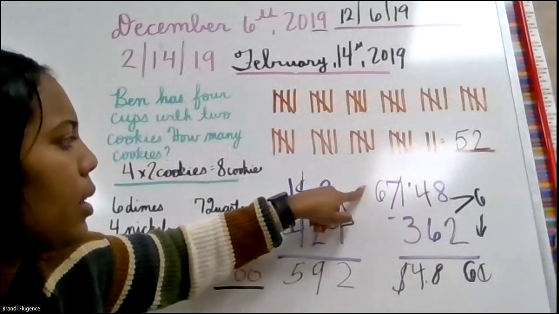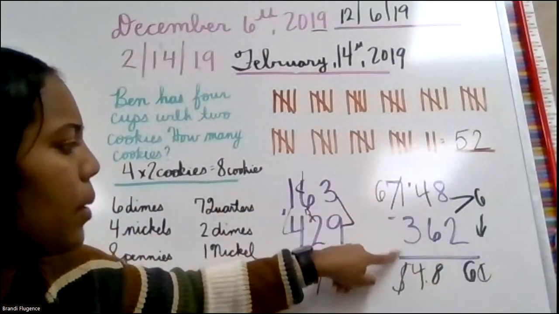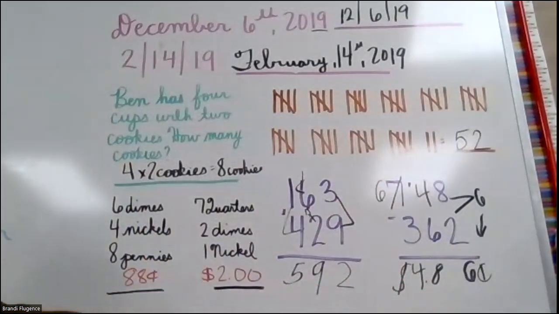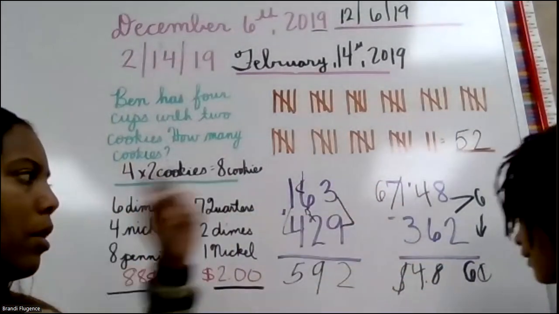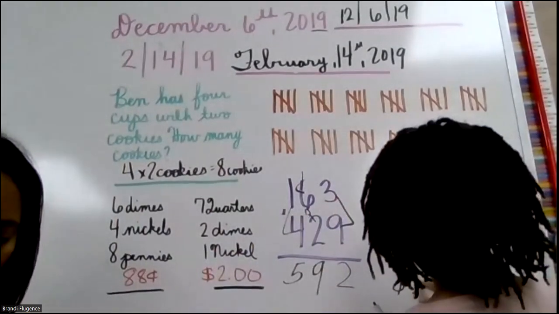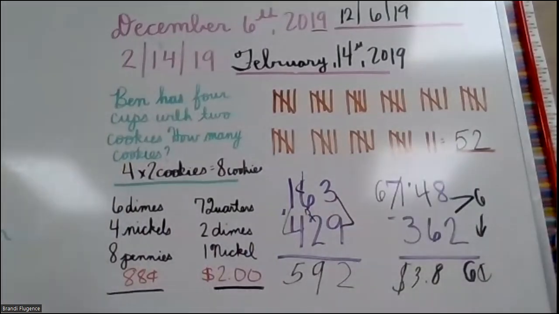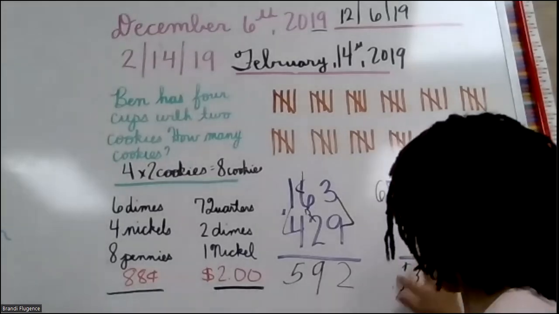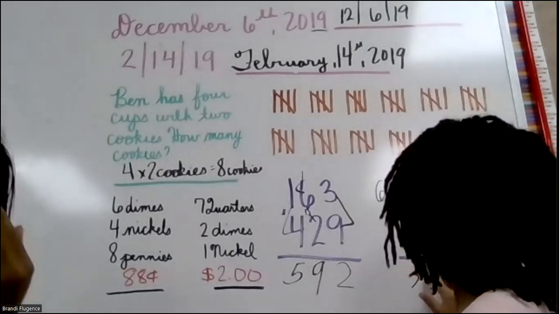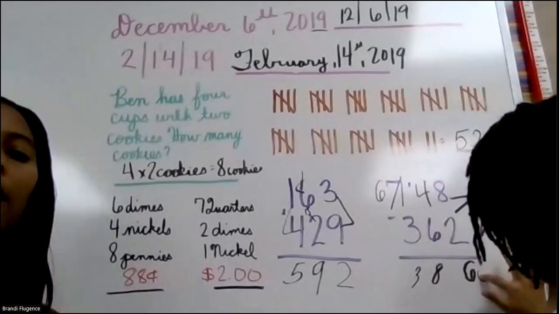So we turn the 7 into a 6, add the 1, 14 minus 6 is 8, 6 minus 3. Yeah, $3.86. All right, good.